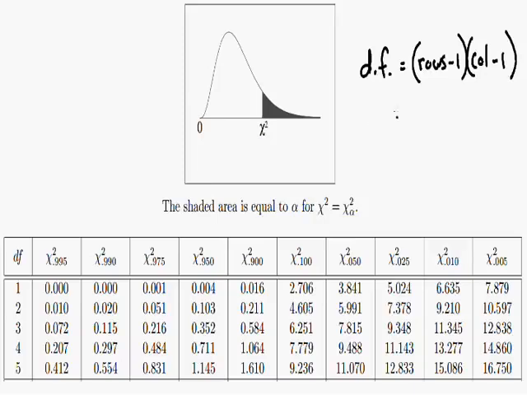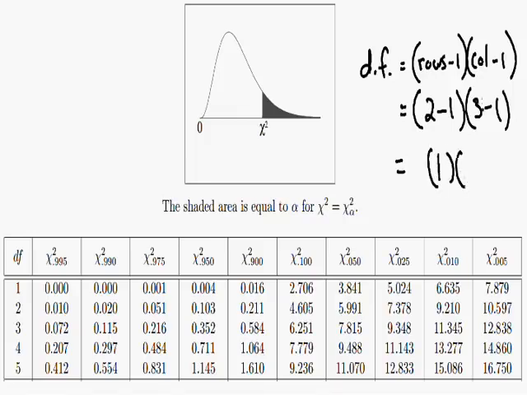So we had 2 rows, male and female, and we have to subtract that by 1. And we had 3 columns, Republicans, Democrats, and others, and we've got to subtract that by 1. And if we multiply these together, 2 minus 1 is equal to 1, multiplied times 3 minus 1, which is equal to 2.